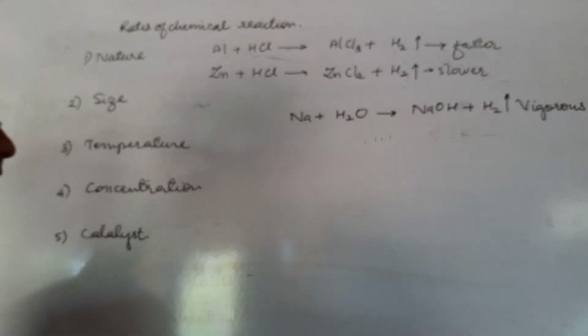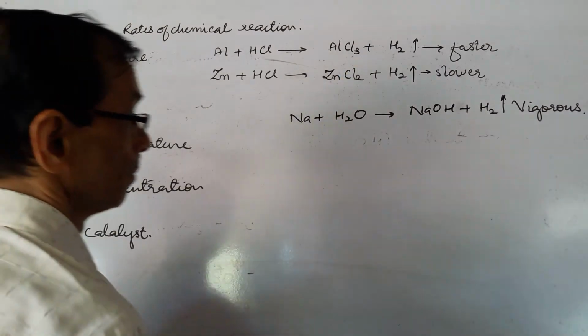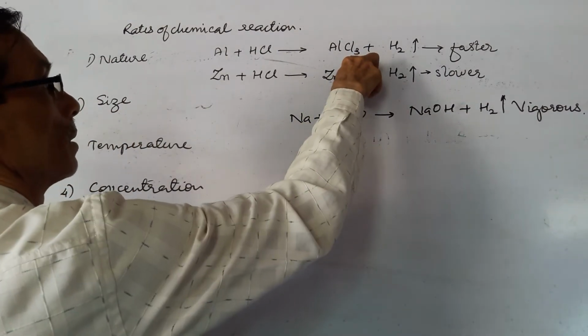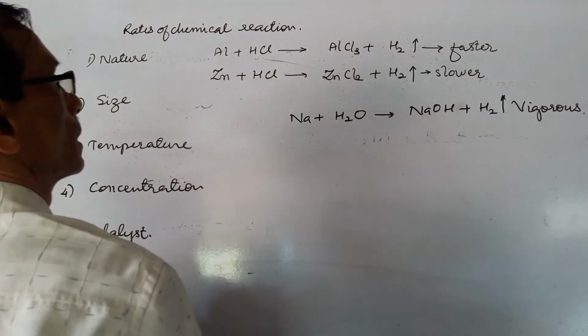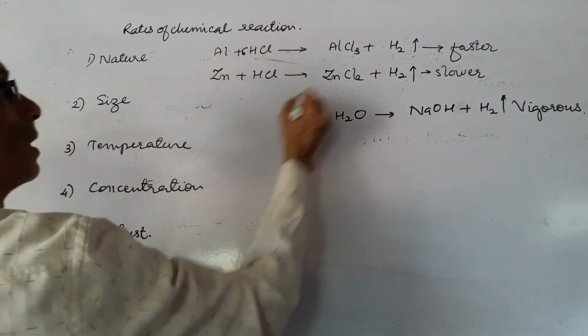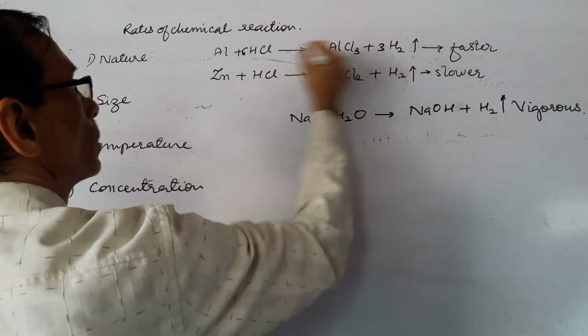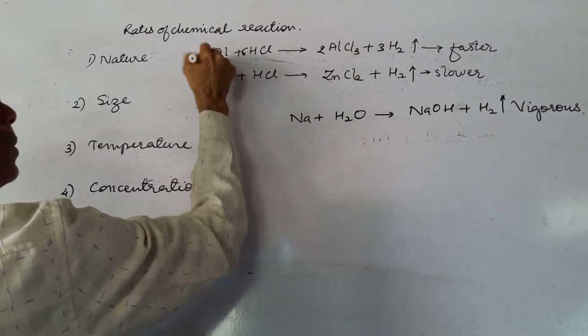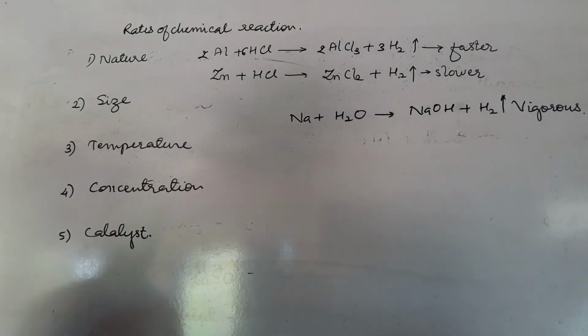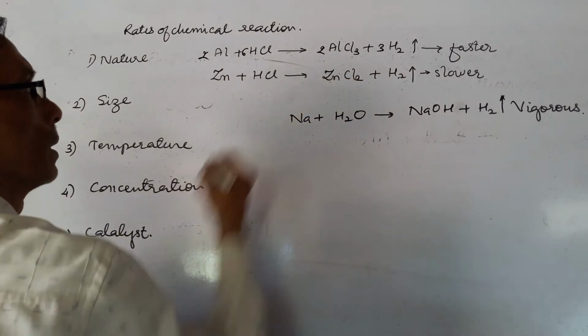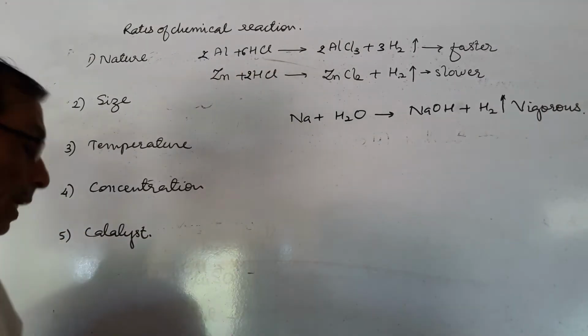Let's balance this. Here 3 is there, here 2 is there, so 3 to the 6. So we have to write 6, and therefore here 2 will come. Now chlorine and hydrogen, both 6 are there, so write here 2. So in this way this is balanced.